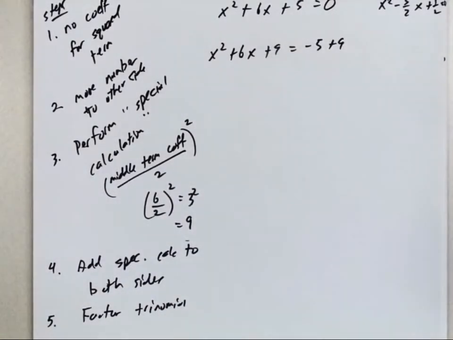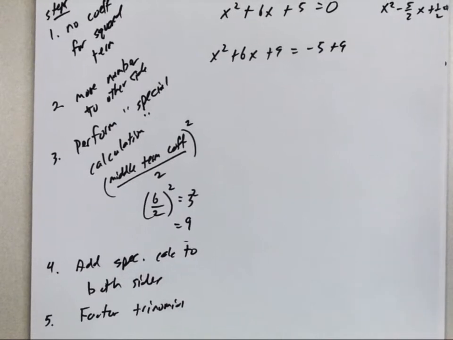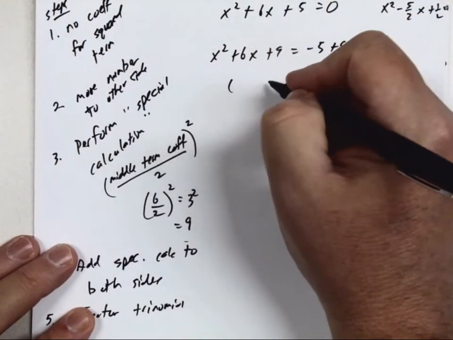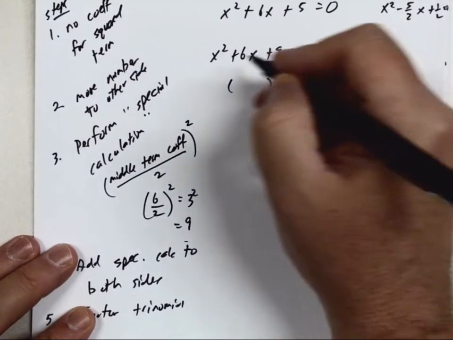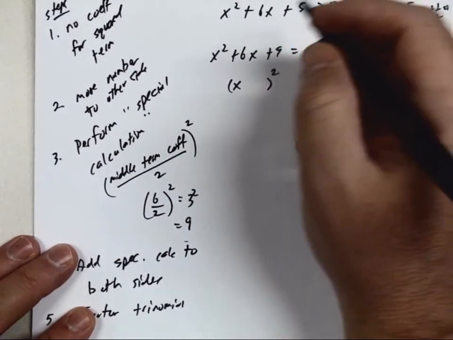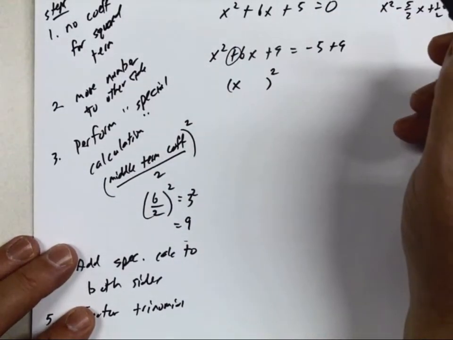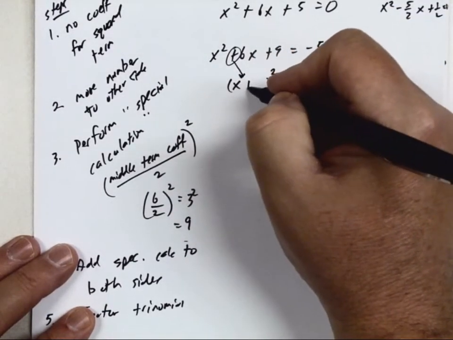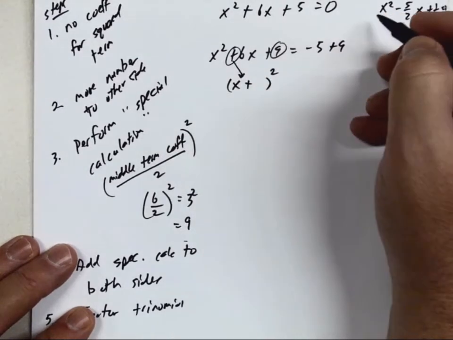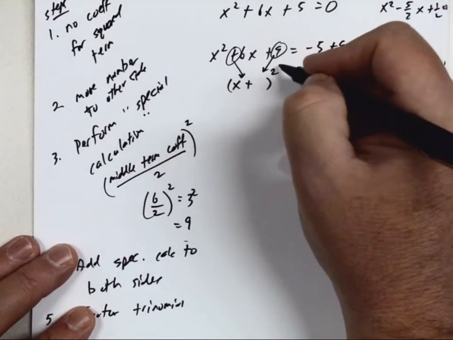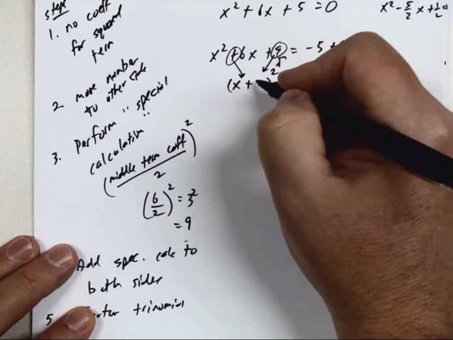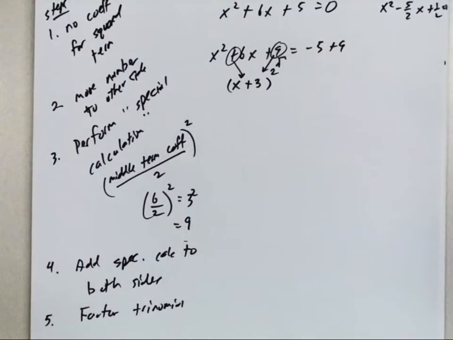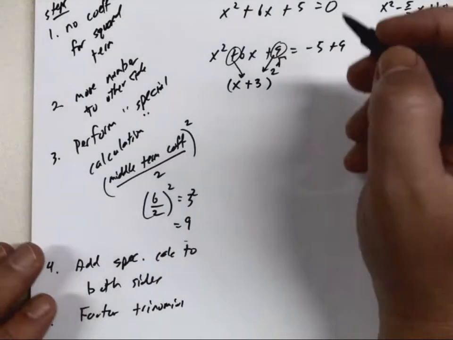As it turns out, this is a special trinomial. It's called a perfect square trinomial, and it always factors the same way. It's always going to be parentheses squared. I'm going to have my variable here. Whatever that sign is, negative or positive, that's what goes here. This right here, I take the square root of that number, and it goes here. It's always the same pattern every time.